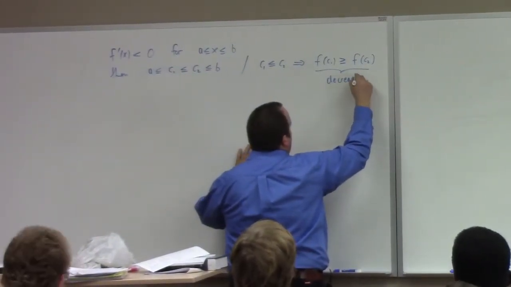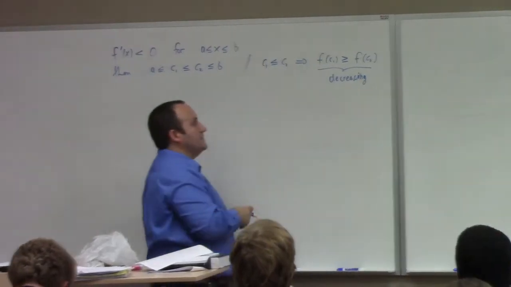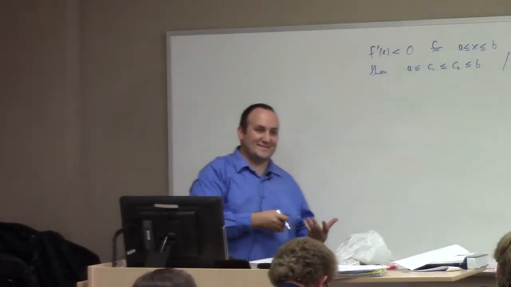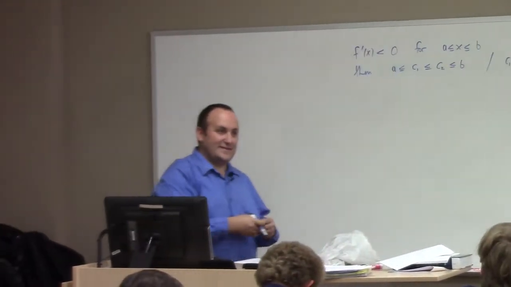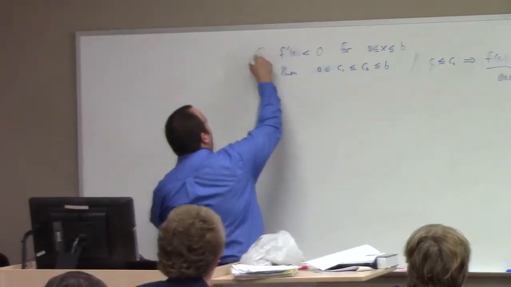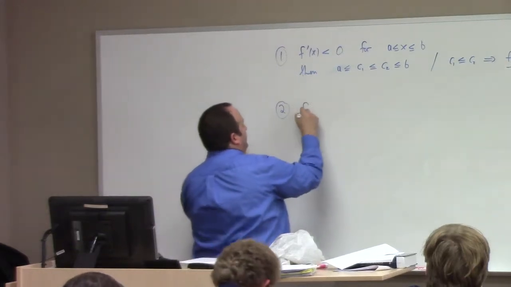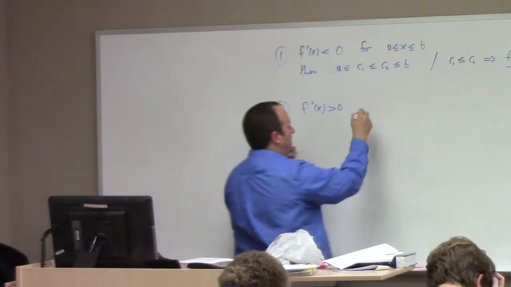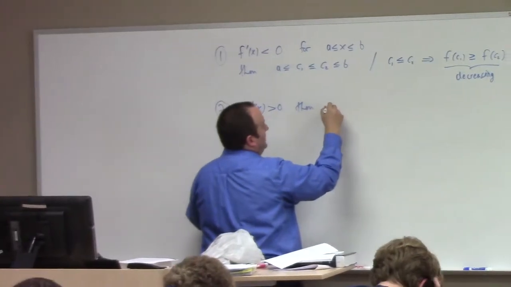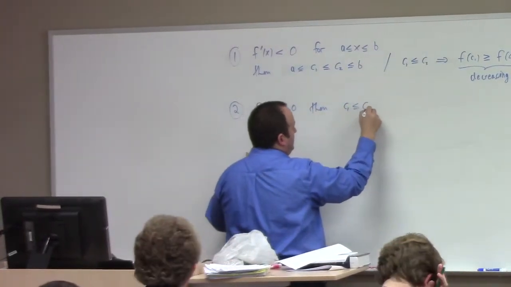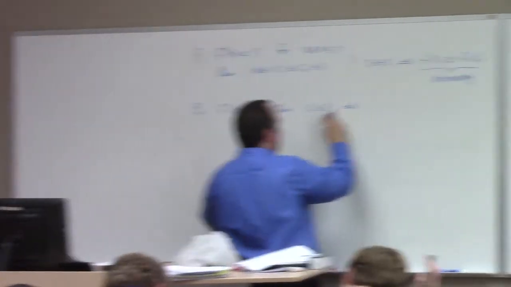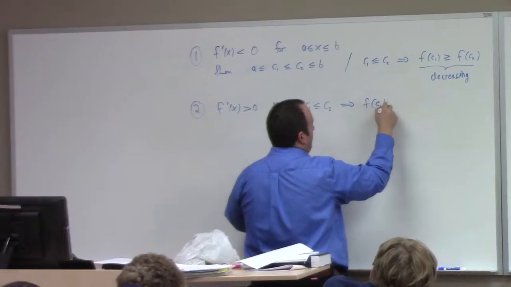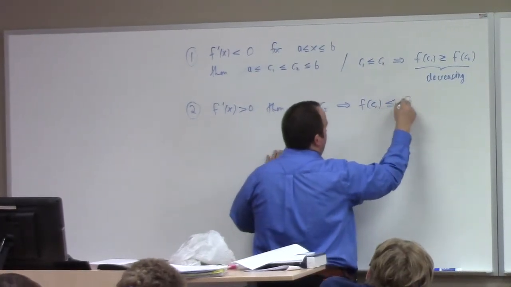The derivative being negative means that we get an inequality in a particular order. Likewise, if the derivative is positive, same song and dance, then c1 less than or equal to c2 would imply f of c1 is less than or equal to f of c2.